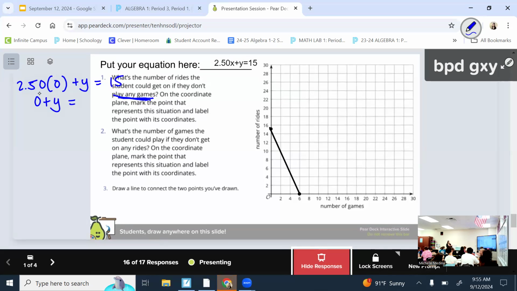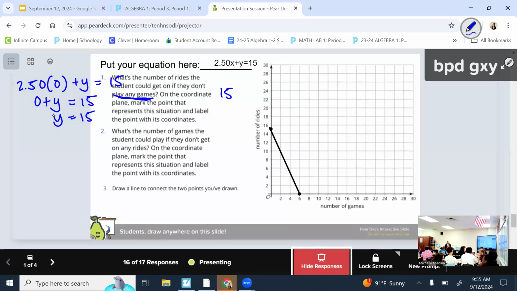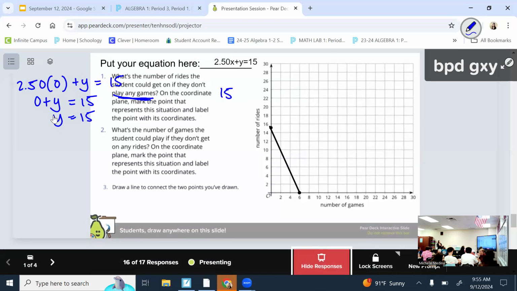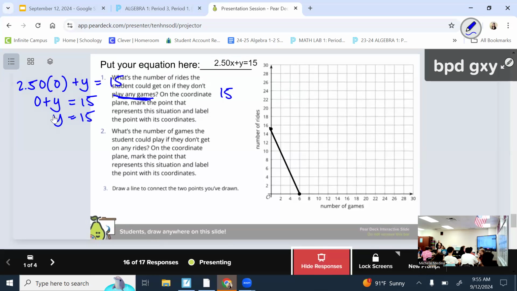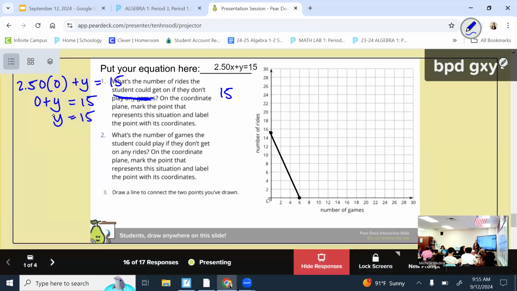What's 0 plus y? And that one, I get that they can go on 15 rides if they don't play any games. Did they mark that right on the graph? Yeah, they have the y-axis as rides. Here's at 15. When they play 0 games, that looks good.